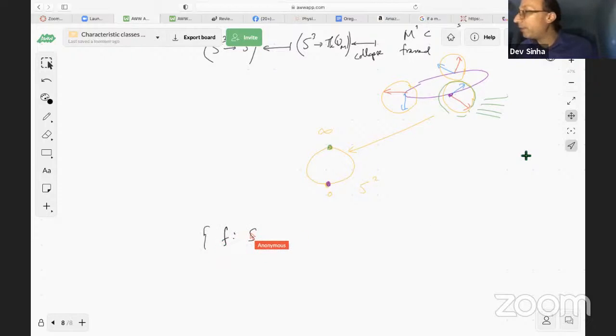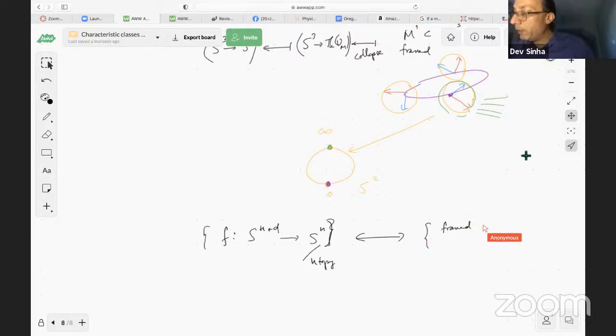Maps from S^(n+d) to S^n up to homotopy are in one-to-one correspondence with framed d-manifolds in S^(n+d) up to cobordism in S^(n+d) cross I.